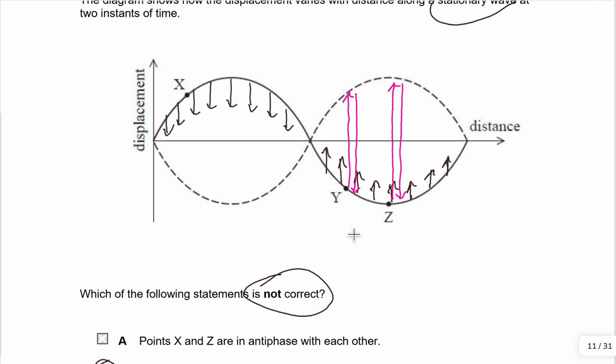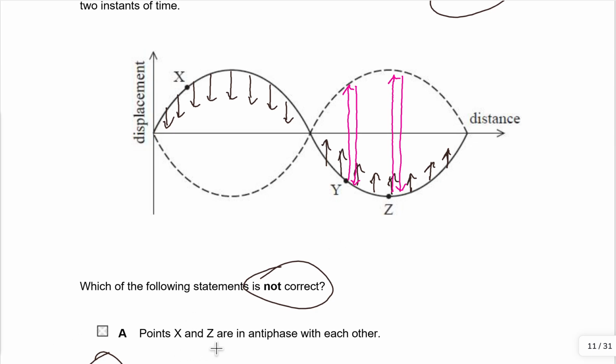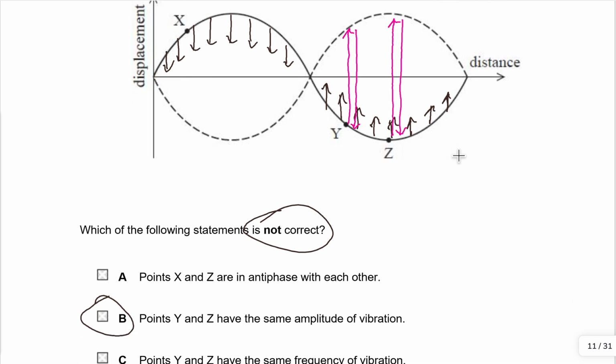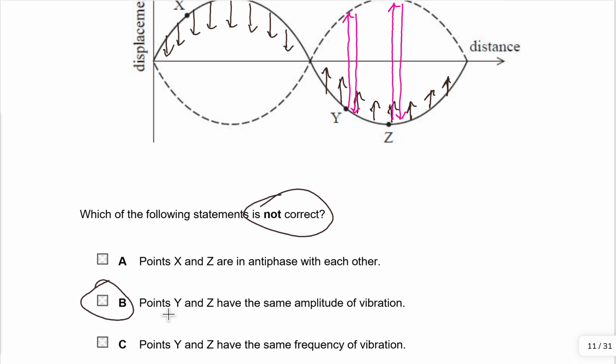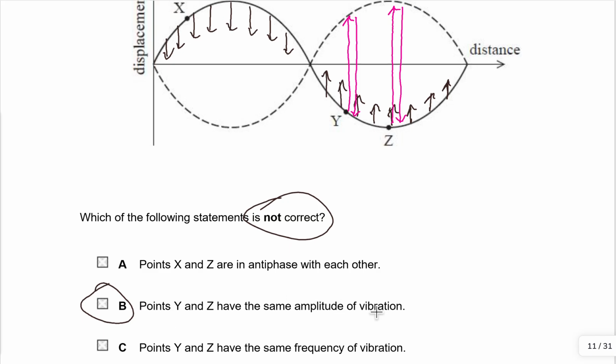So the first part, it says points X and Z are in antiphase. X and Z, when X moves down, Z moves up. That is correct for a stationary wave, as all points here move down when all these points move up. Points Y and Z have the same amplitude of vibration.